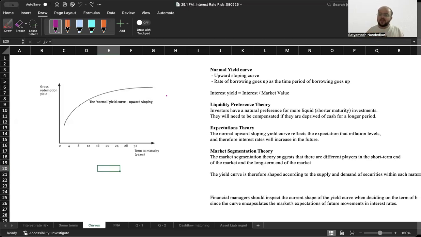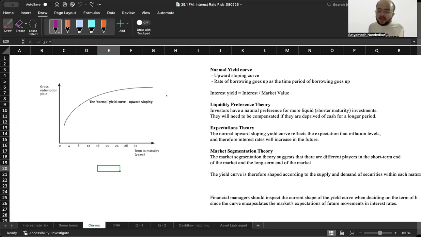Investors have a natural preference for more liquid investments. They will need to be compensated if they are deprived of cash for a longer period. That means the longer I stay away from my money, the higher compensation I would expect. So if I have lent money to you for a longer period of time, I would expect a higher rate of interest as compensation from you.